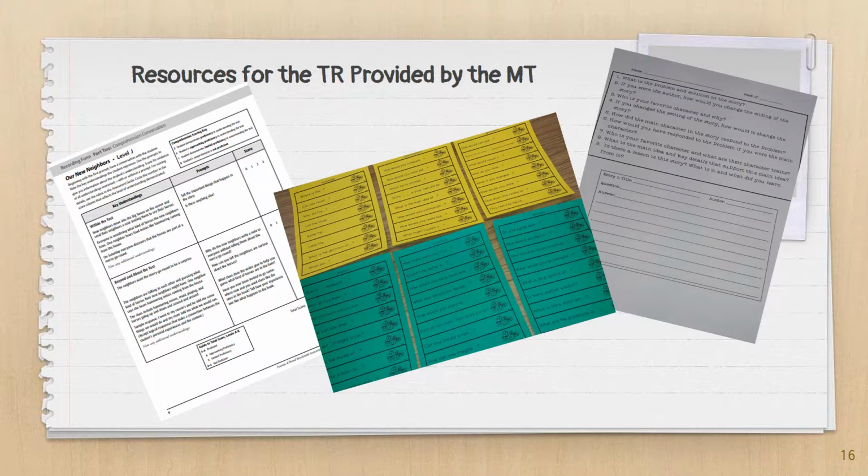And also we created a generic question response sheet that we can use for any text that they're working with. So even the lower students, whatever text they're working with, the higher students, whatever text they're working with, these questions will relate, and they are higher order thinking questions. And then of course we have our running records, which is another resource that she will be providing.